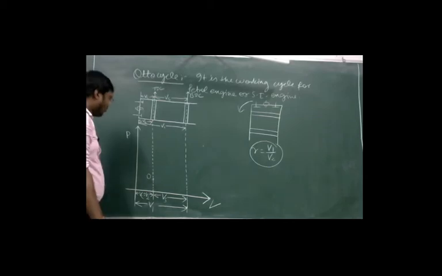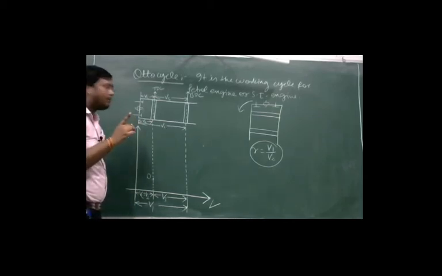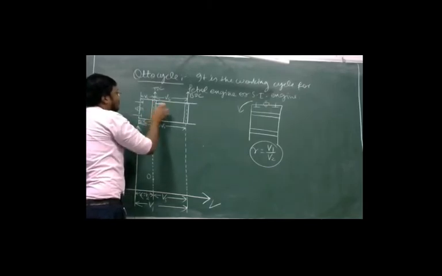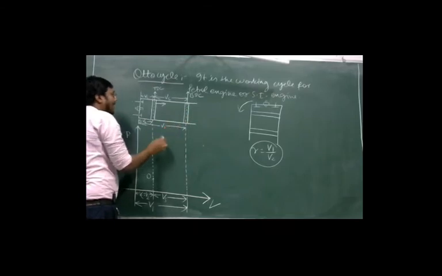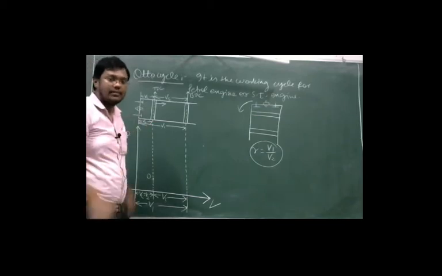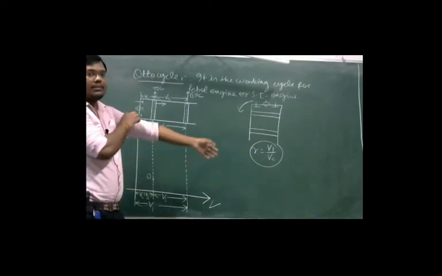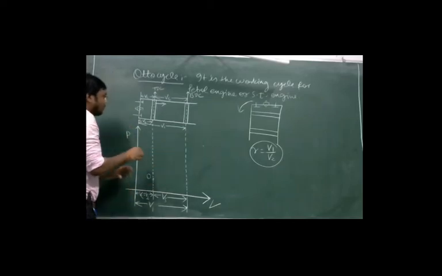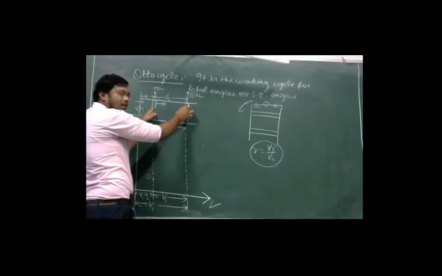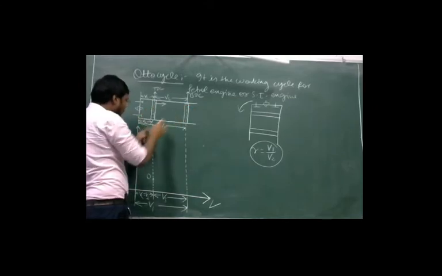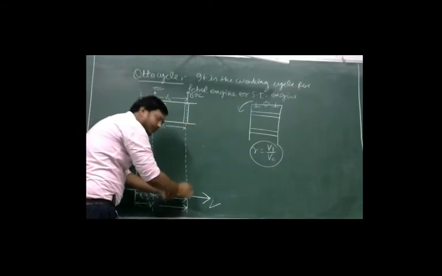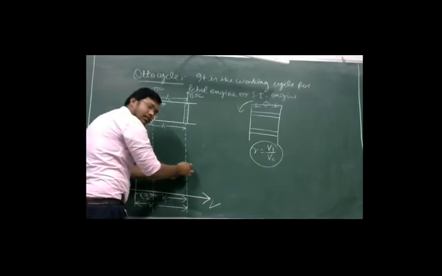Okay. Now in the first stroke, the piston goes from TDC to BDC, and the inlet valve opens and suction of air fuel mixture takes place. So what is happening here? The piston is moving from TDC to BDC, which means now we have to move from this line, the TDC line, to this line, the BDC line.